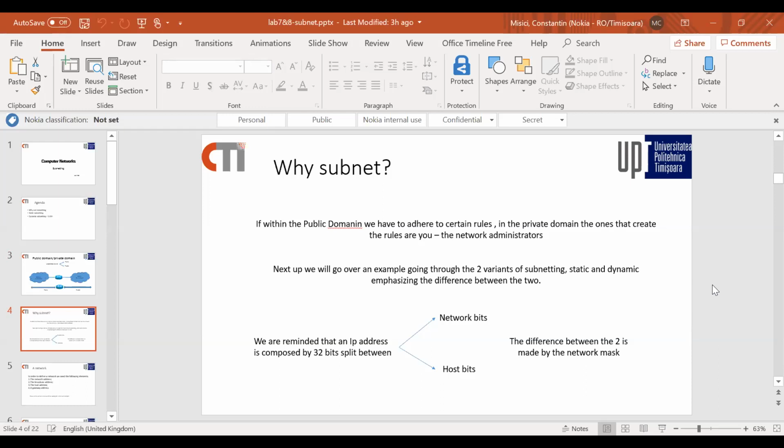We talked about this in the Mac versus IP lab. We didn't stay too much on it then because, as I stated even then, we're going to have 2 labs, namely these 2, in which we're going to do all the math regarding these two particular parts of the IP address.